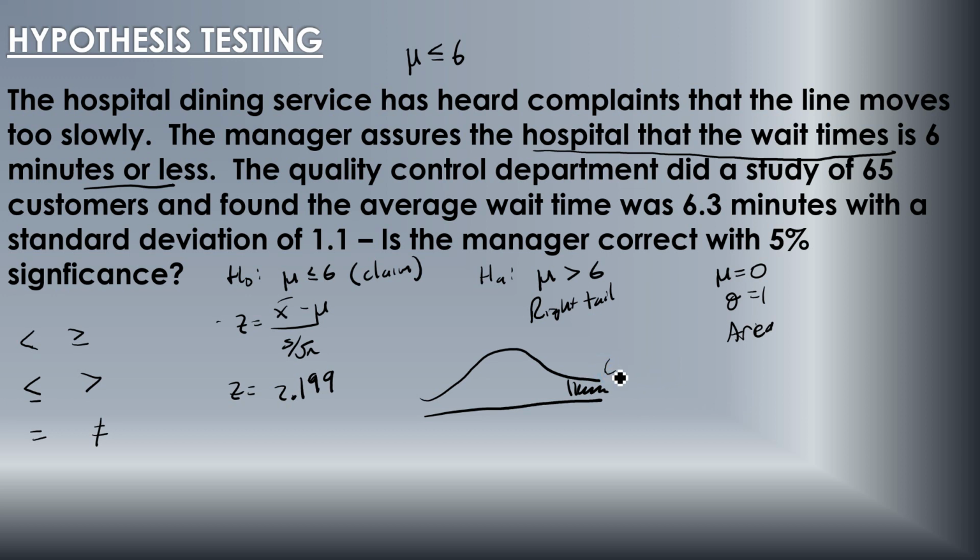So this area right here is the 5%. So our area is 0.05. And when we do that, our inverse norm, when we do that, we're going to get 1.644.